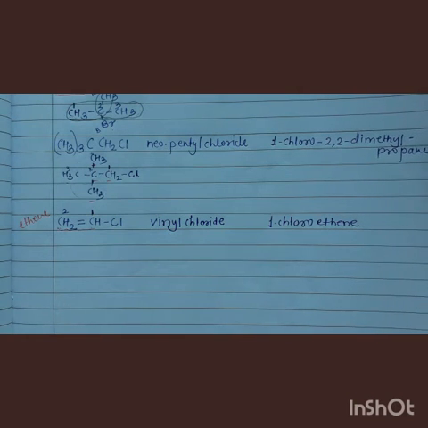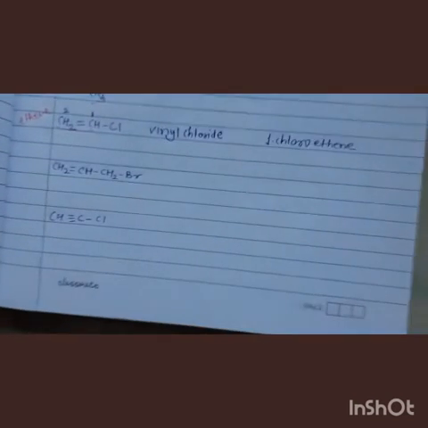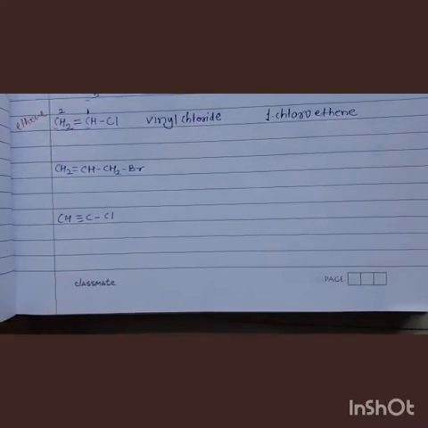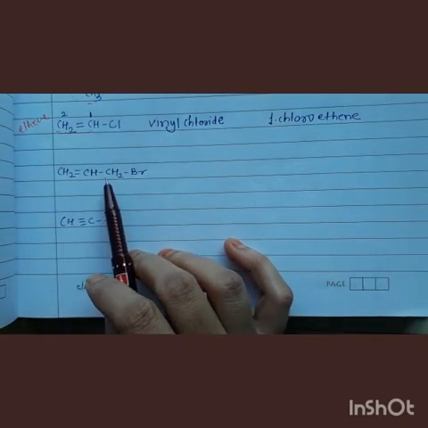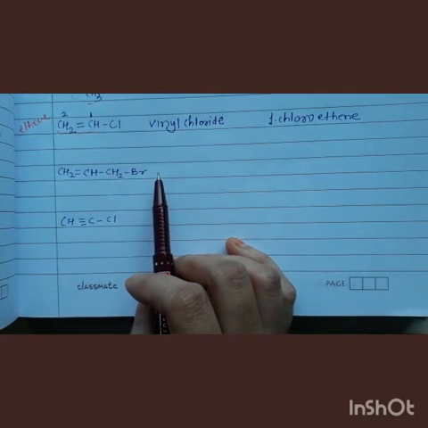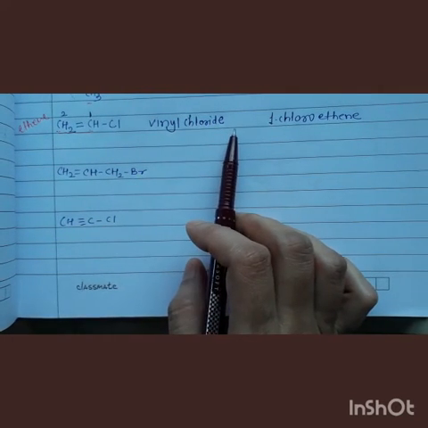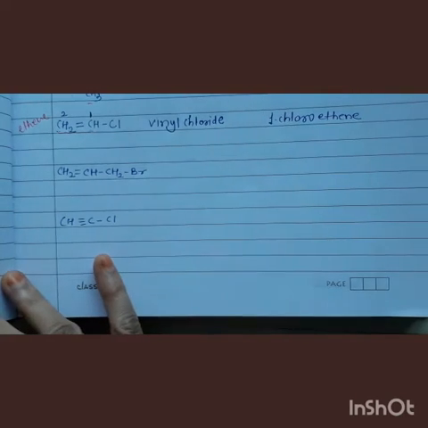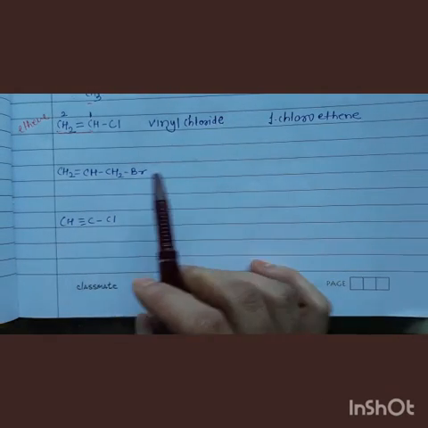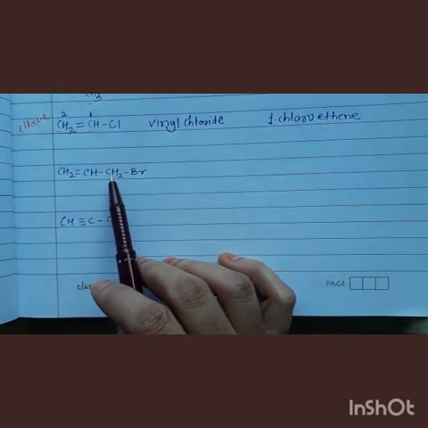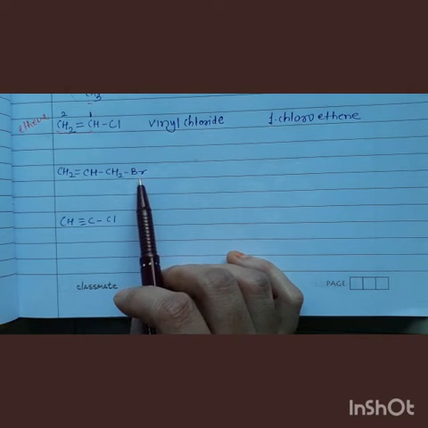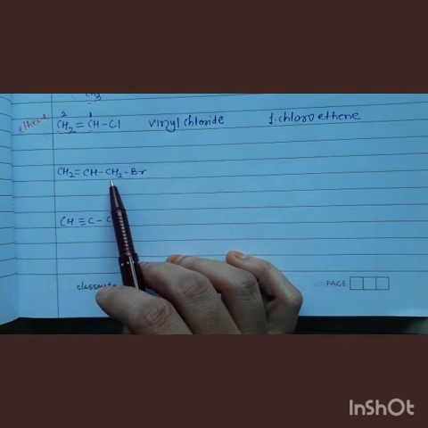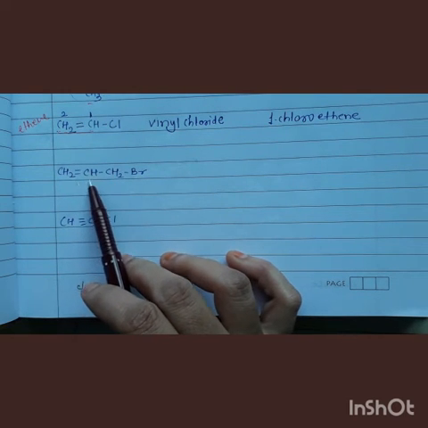Let us see the next example: CH2=CH-CH2Br. Like vinyl chloride or vinylic halide, one more type we had seen where the arrangement was double bond, single bond, halogen. That means the halogen atom is attached to that carbon atom which is next to the double bond.